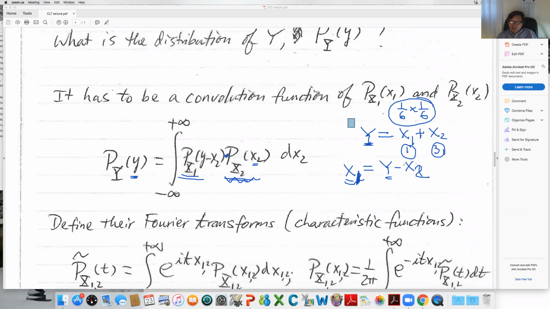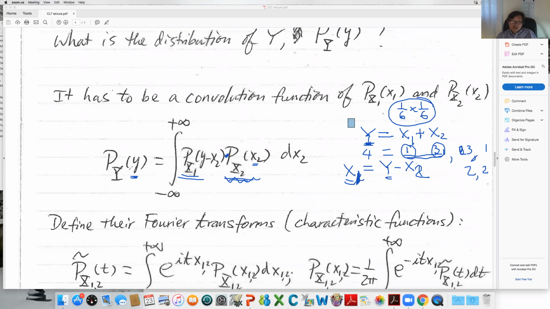But if I ask you the y value is 4, then in addition to the 1 and 3 combination, you can also have a 3 and 1 combination, and a 2 and 2 combination. So you need to add up all of these. This is why there is an integral, meaning a sum of all these possibilities. That's the idea of a convolution.